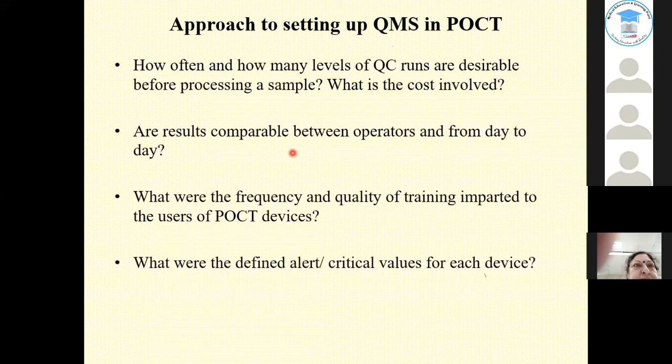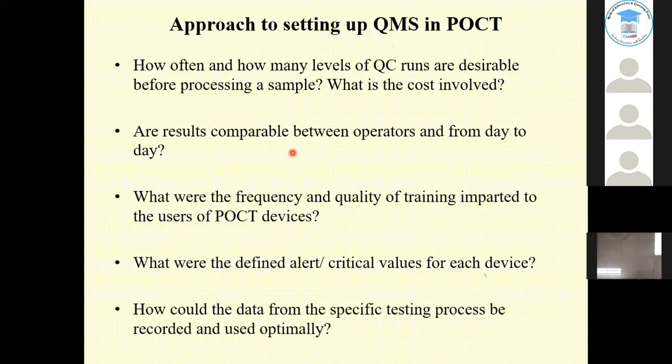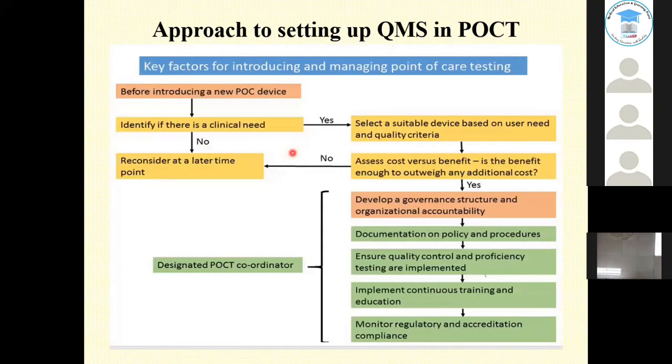What were the defined alert or critical values for each device? It is very important to define critical alert values for glucometers and other POC equipments, and it actually varies from your critical alert values of the clinical laboratory. And how could the data from the specific testing process be recorded and used optimally?